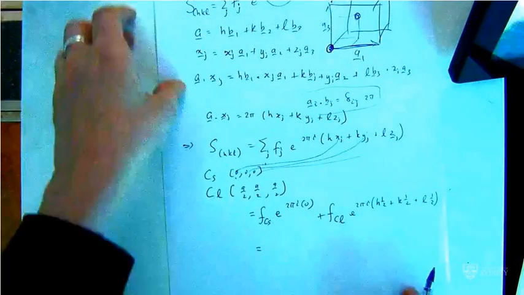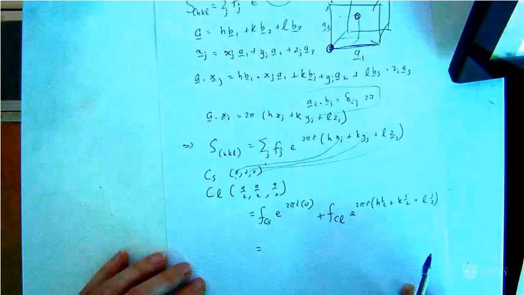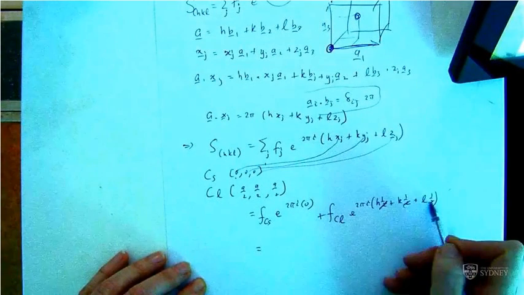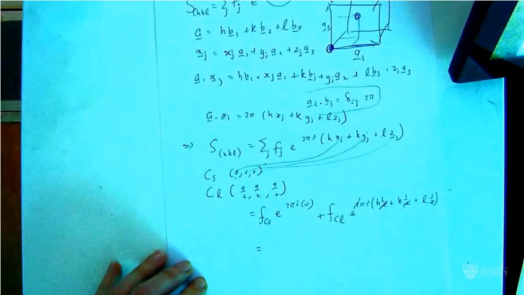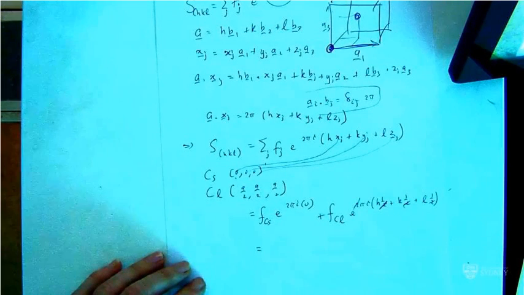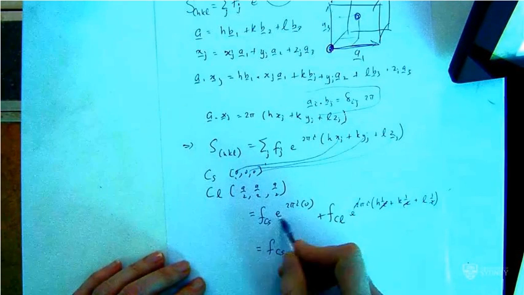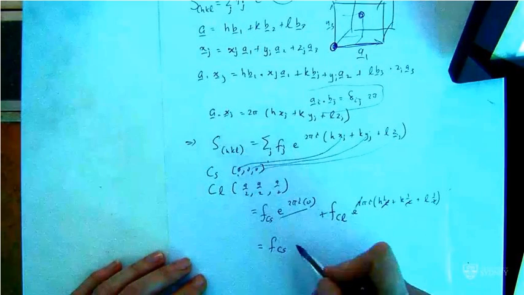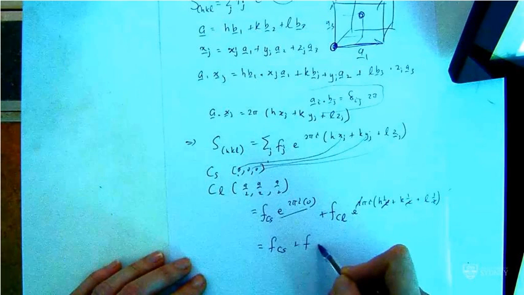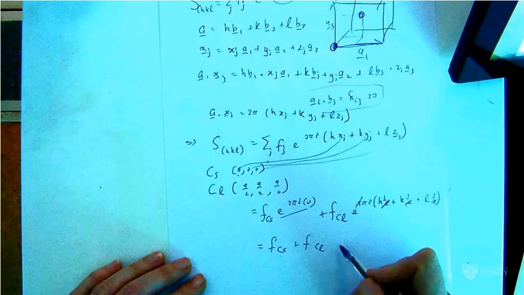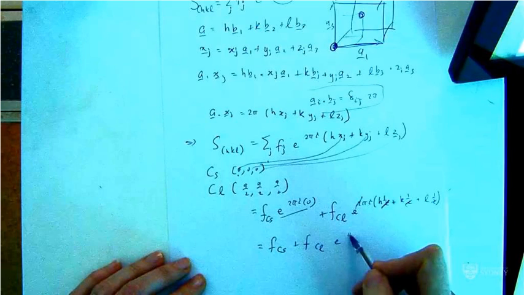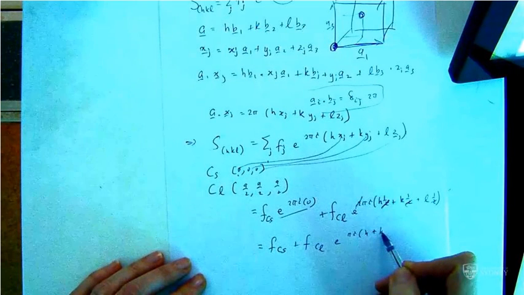So you can see that these 2's will go out with that 2. So you will end up with F cesium, because that will go to 1, plus F of chlorine, e to the pi i (h plus k plus l).